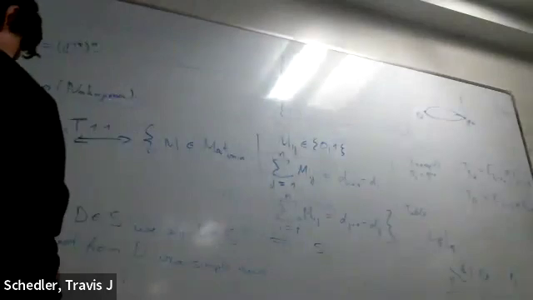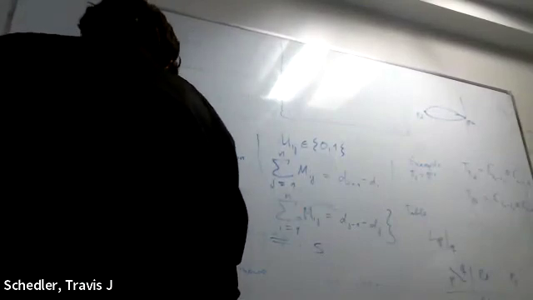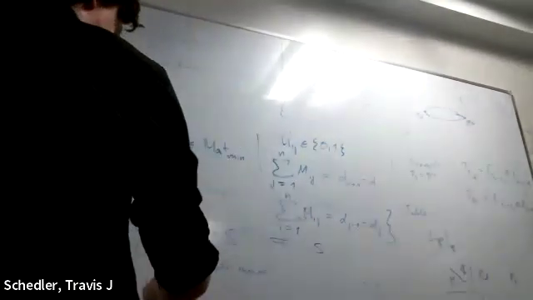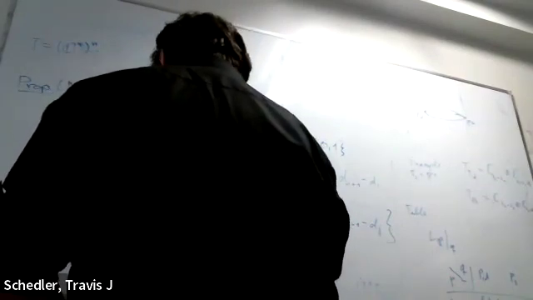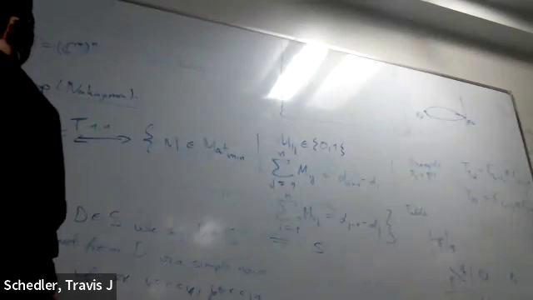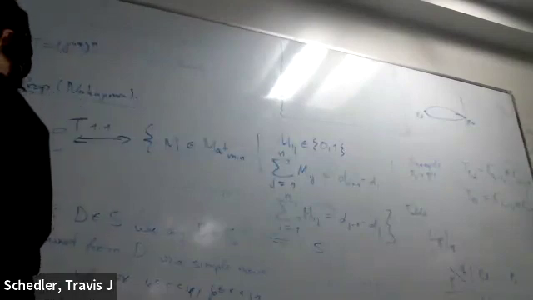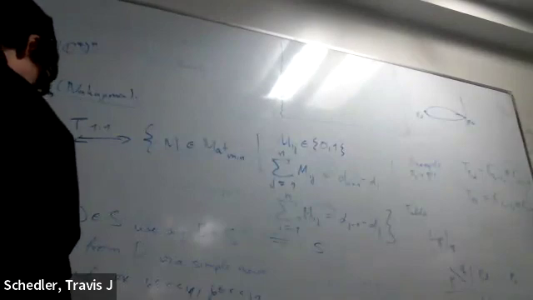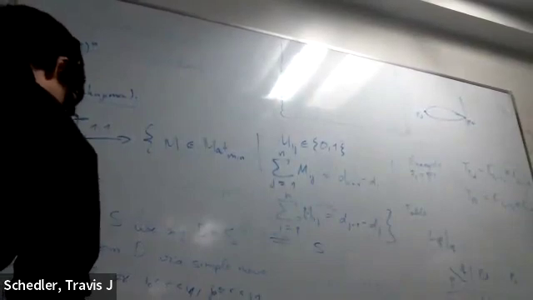over R if there exist indices i0 smaller or equal than R, and i1 greater than R, and also some j's, and I want that d i0 j0 equals d i1 j1 equals 1, d i0 j1 is equal to d i1 j0 equal to 0.